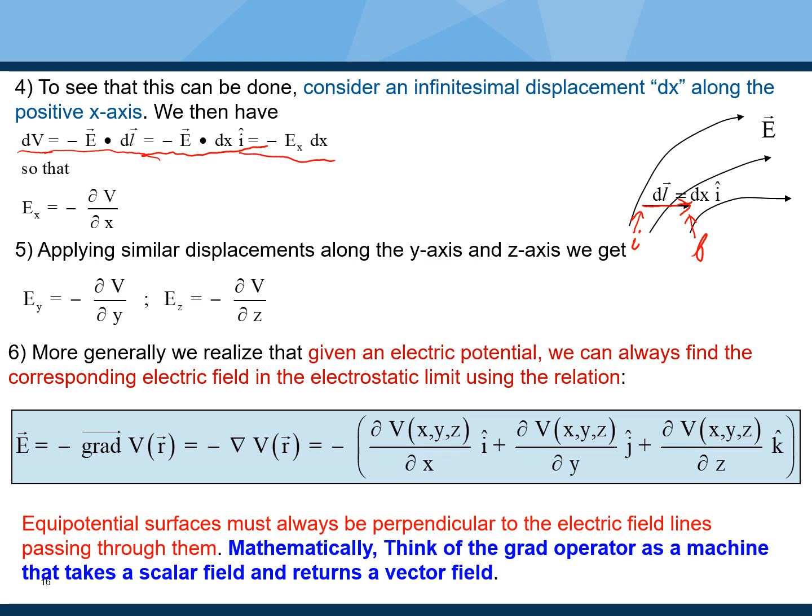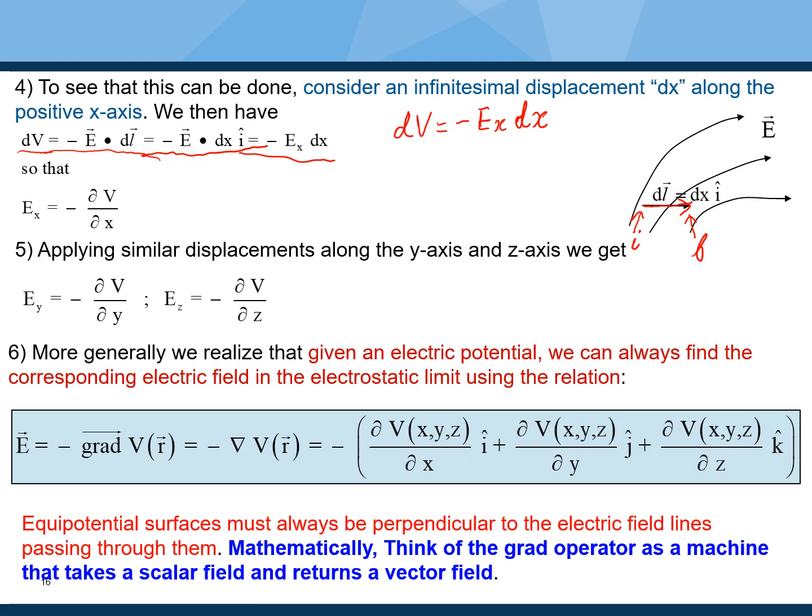So we get our final result, which is that the change in potential going from the initial location to the final location, which we denote as dV, is equal to minus Ex times dx, simply because we have taken our displacement to be along the x direction.